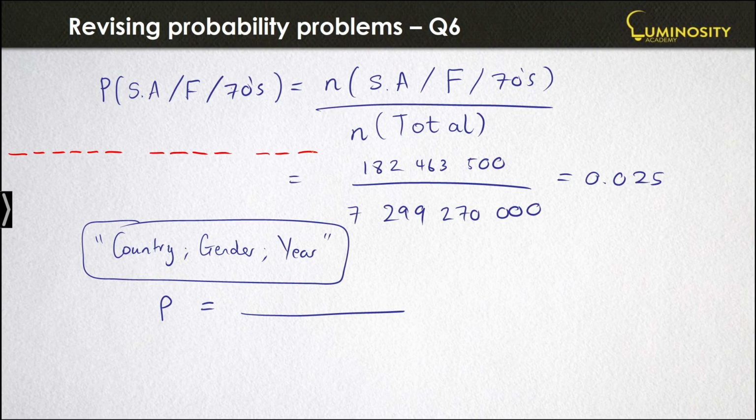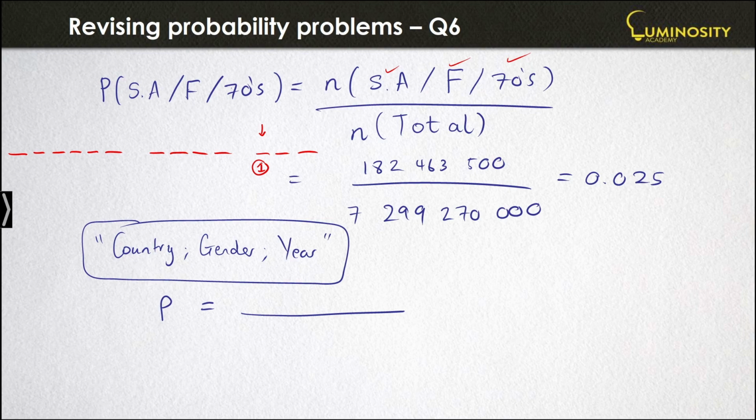If I'm just focusing on the country, gender, and year, I'm not worried about any of the other variables. For country, it was in this digit. Now if we look at our specific case, it is South African, female, and 70s. How many of those in total? For South African, there's only one option between the 0 and the 1: it's a 0.